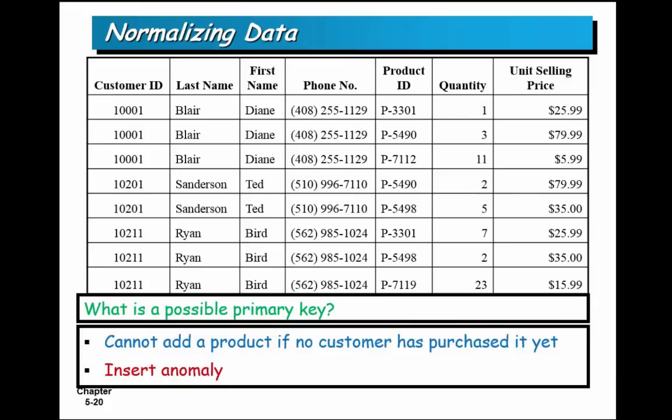You can't add it to the table because you can't add it without adding a customer, since most likely your primary key here is going to be customer ID, maybe concatenated with product ID. And so you can't add a new product without having it sold first. That's an insert anomaly. You cannot insert this data properly.